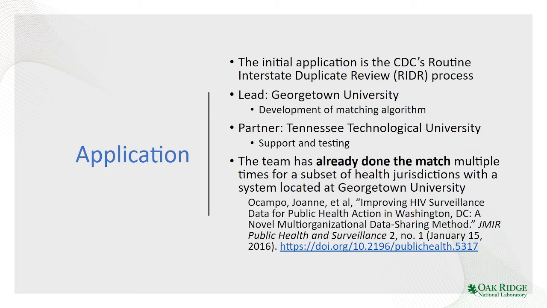They do things like move around. Someone who lives in, let's say, Northern Virginia might work in DC, and they might, because it's convenient, actually see a doctor in Maryland. And in that situation, it's very difficult to say who's responsible for the public health aspects associated with that person.